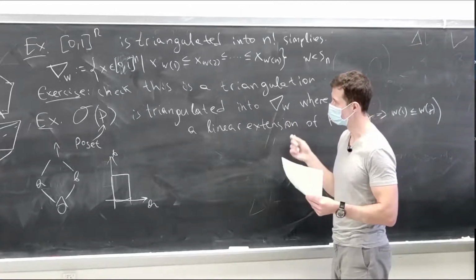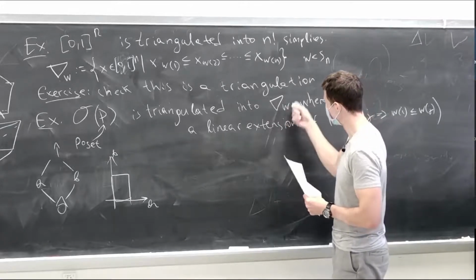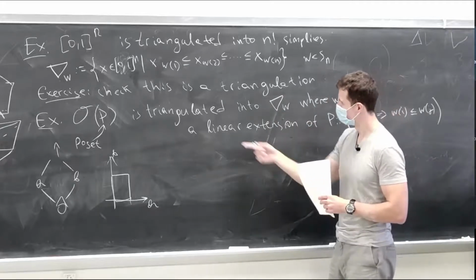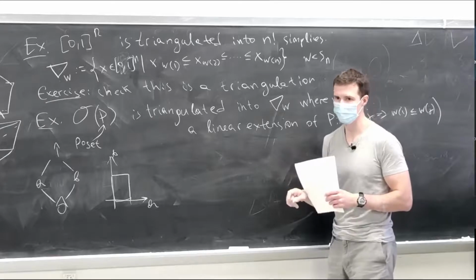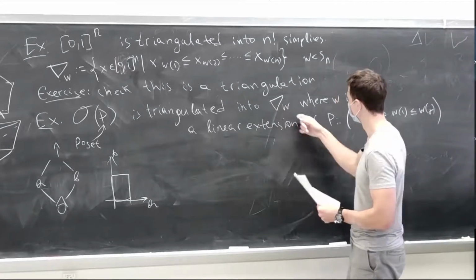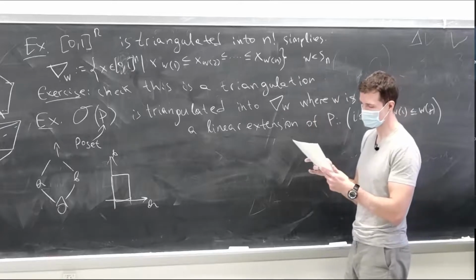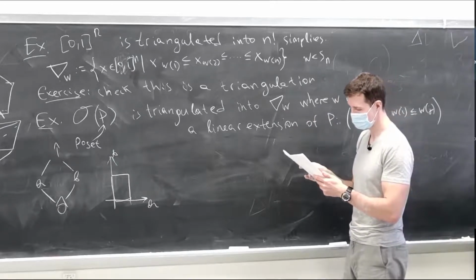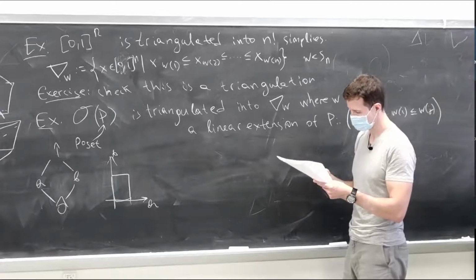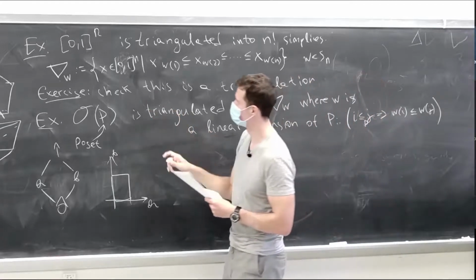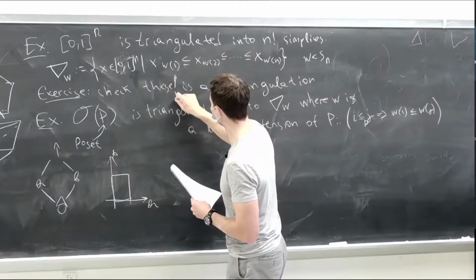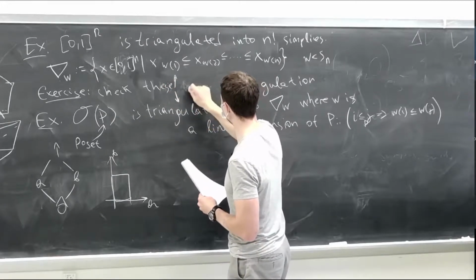In particular, the number of such simplices is the number of linear extensions, and linear extensions are of huge interest in combinatorics. They're studied a lot, and you can study them using volumes. I haven't talked about volumes yet, but will soon. Again, exercise: check that these are triangulations.